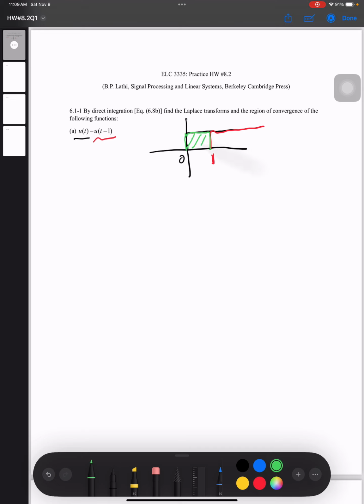So we can start doing the Laplace transform, whose definition is the integral from negative infinity to infinity of u(t) minus u(t-1) times e^(-st) dt.